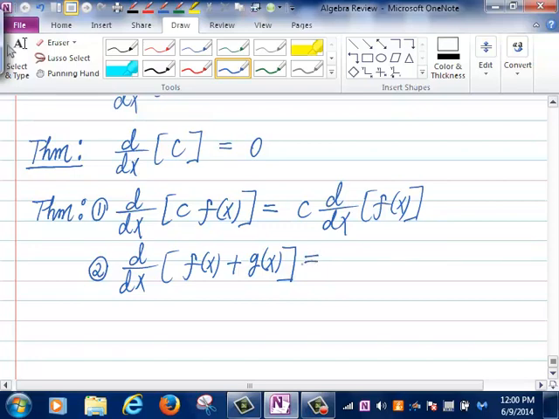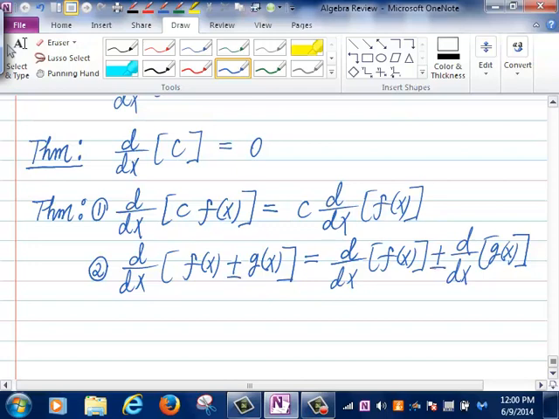So this is the same as the derivative with respect to x of f of x plus the derivative with respect to x of g of x. Am I making sense? What if you have a minus here? Then you're going to get a minus here. With the plus, it's called the sum formula for derivatives. With the minus, it's called the difference formula.